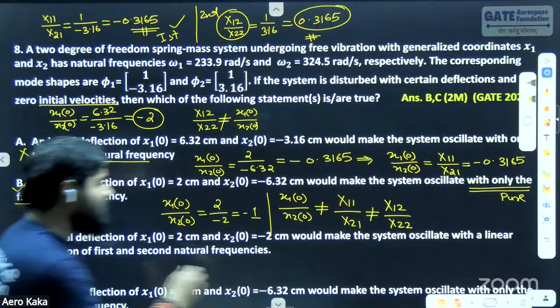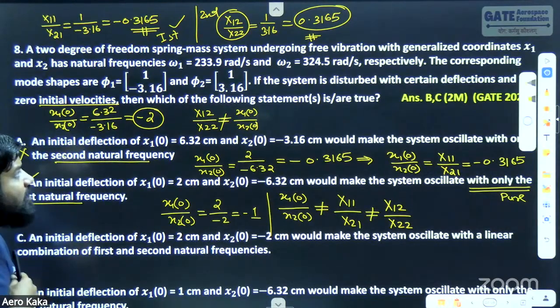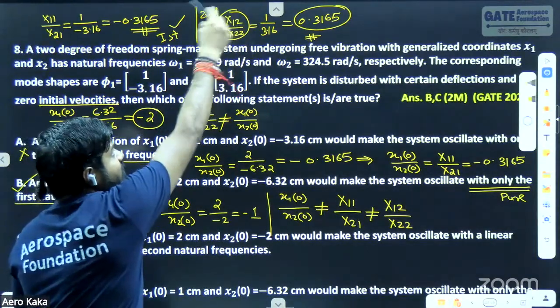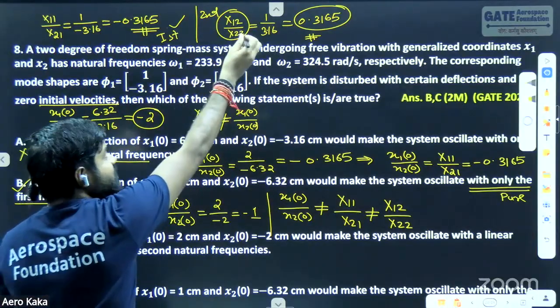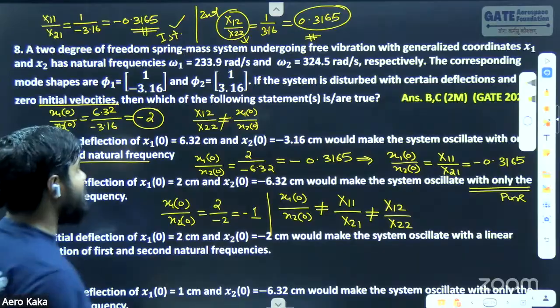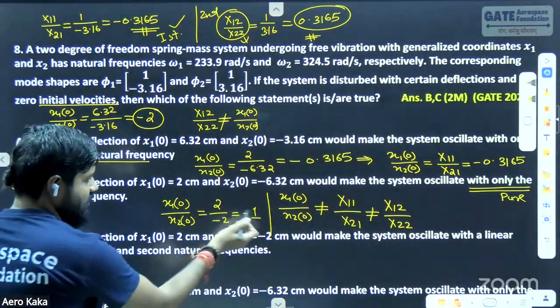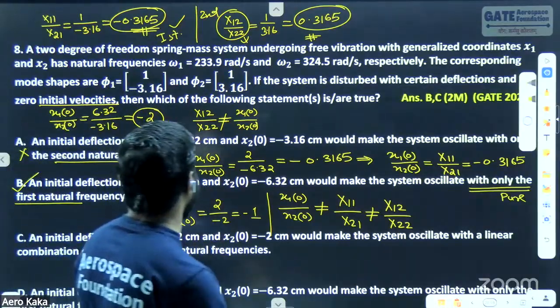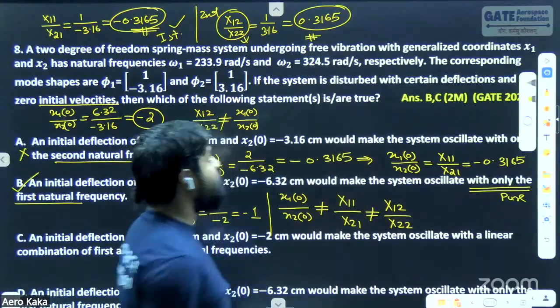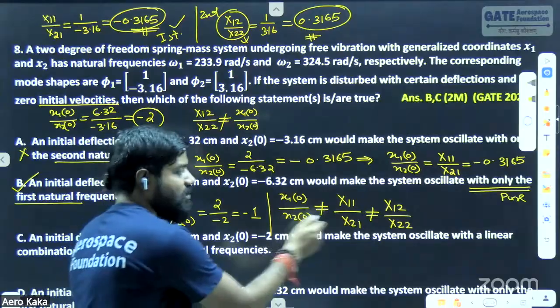I'm not writing this from my own side. We are just writing by looking at what x12 upon x22 is. This is the second mode ratio, this is the first mode ratio. So are they matching? No. This is coming -1, and the value we have already calculated is minus 0.3165 and plus 0.3165. It means this is not matching.